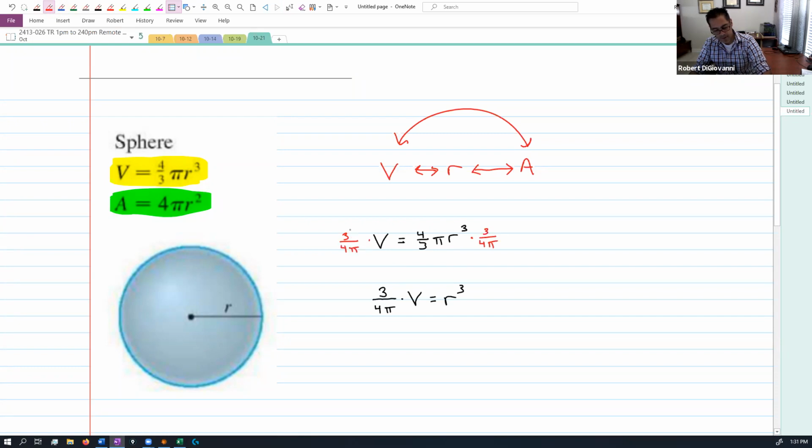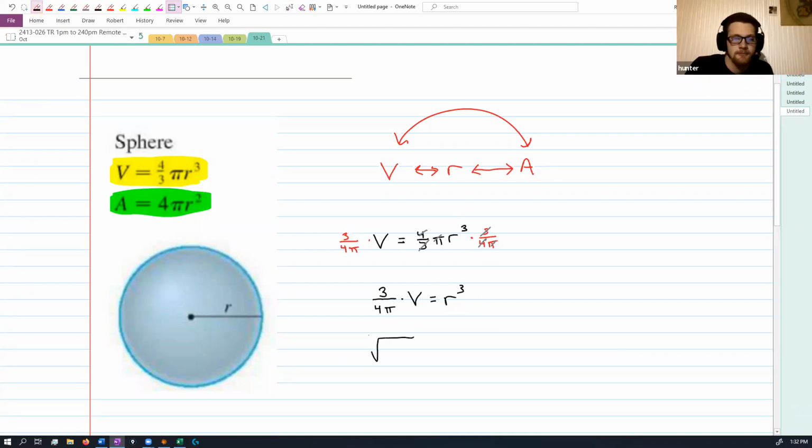The 4 and the pi cancel and the 3 cancels, and I'm left with R cubed. Over here, of course, I'll have a 3/4 pi in front of the V. Looks good to me. Okay, we almost have R. Right now we have R cubed. So what will we need for just R? You take the cube root of both sides.